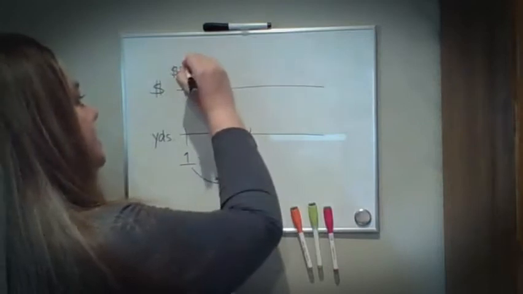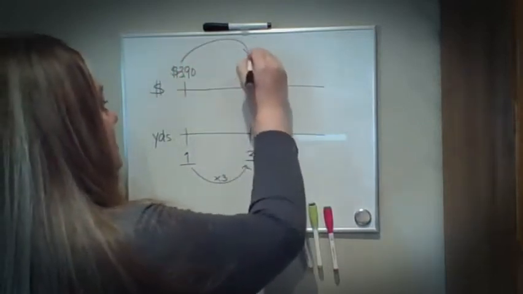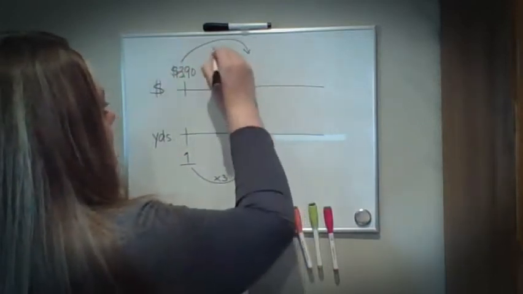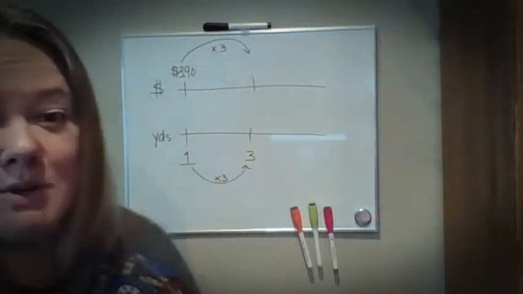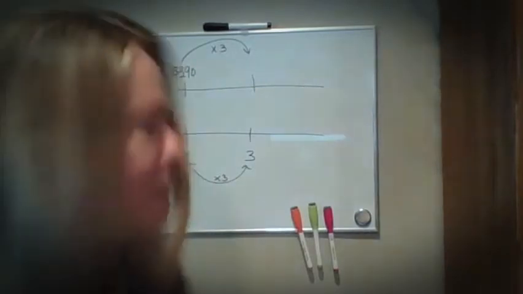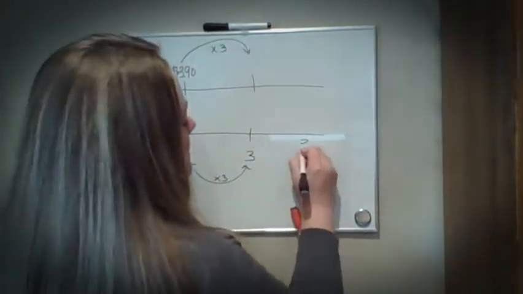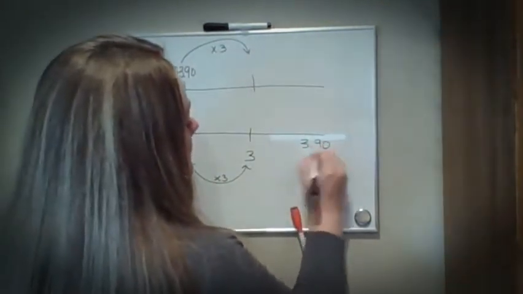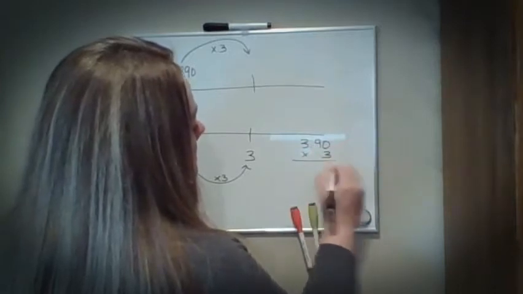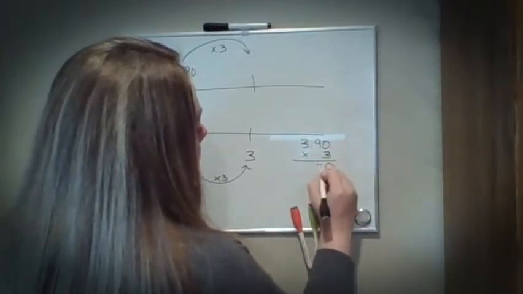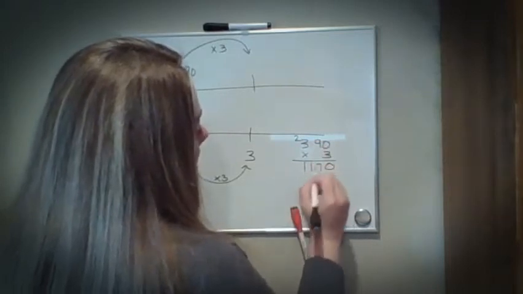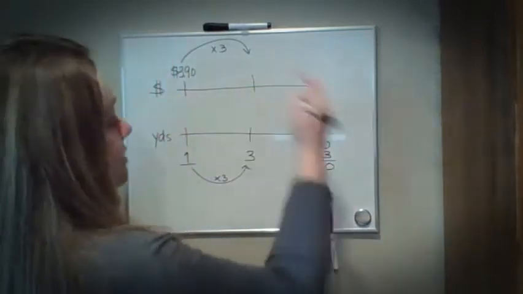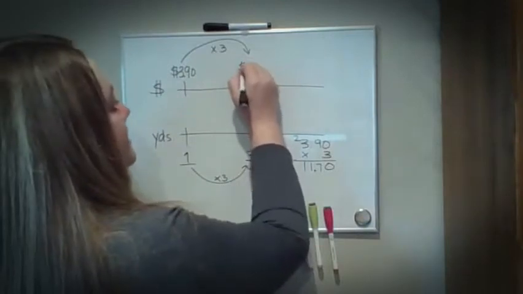So I'm also going to multiply $3.90 times 3. This is where those of you who don't like to show your work, you need to show your work. So I have $3.90 times 3, which is $11.70.